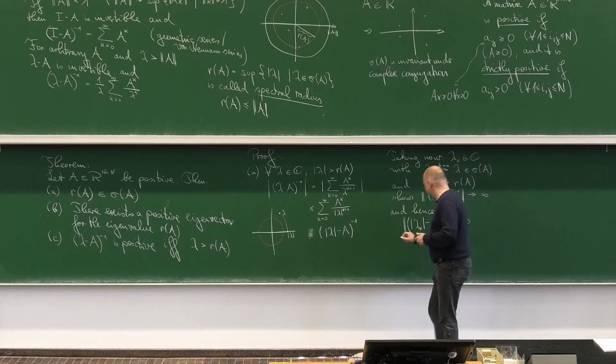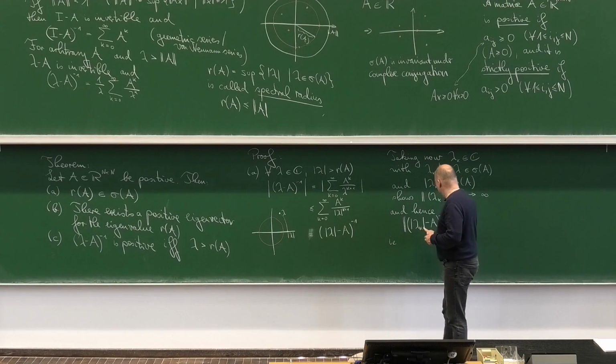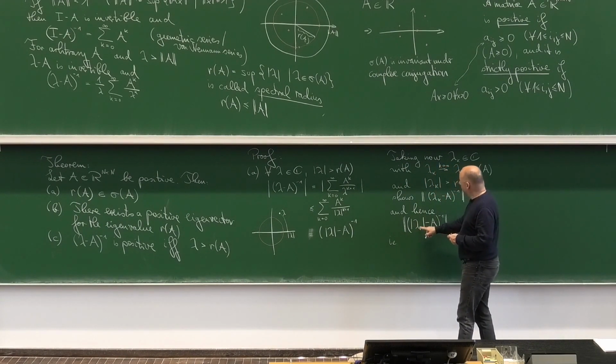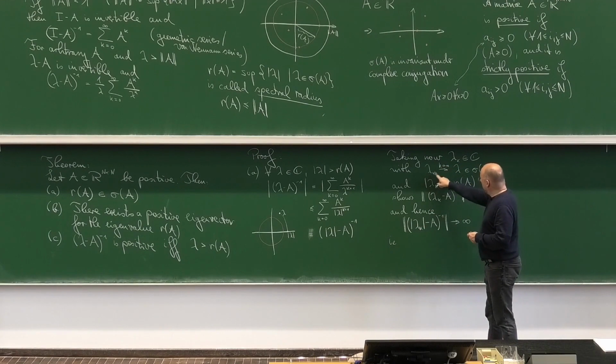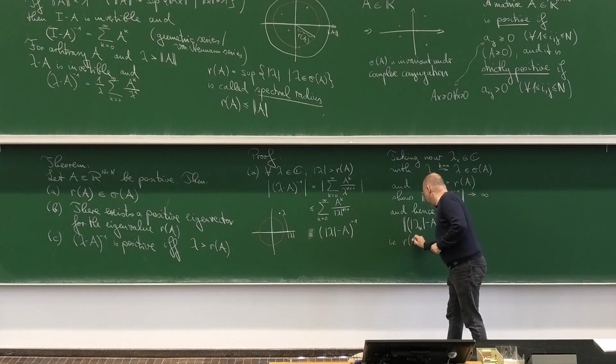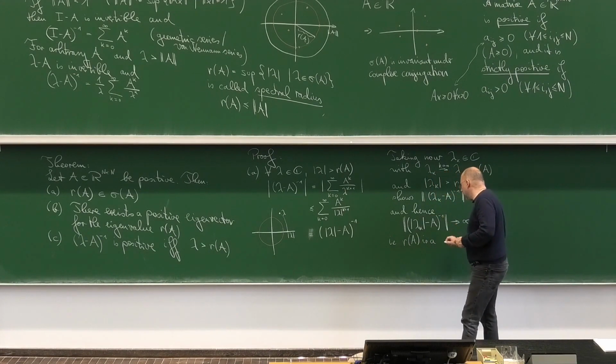That is, the absolute values of lambda k converge to the absolute value of lambda, which is equal to R of A. Yeah. R of A is a pole or singularity of the resolvent.